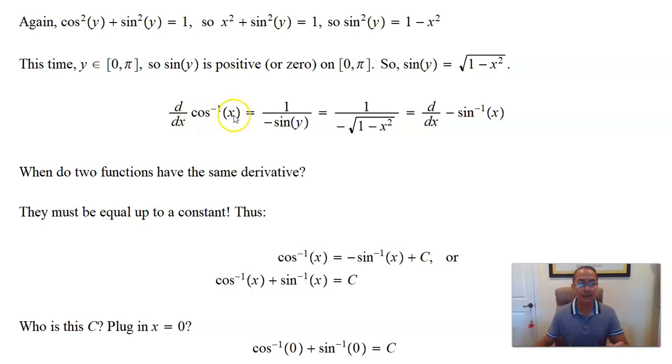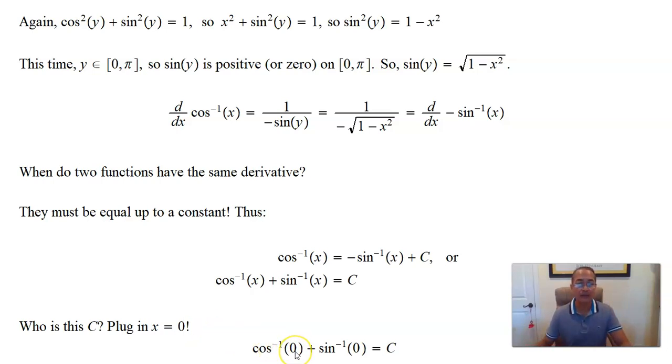So it means that arc cosine of x and negative arc sine of x must be different only by a constant, by a plus c. Okay? If we scoot this over to the left, it means that arc cosine x plus arc sine x must equal a constant. Okay? How do we find this constant? Plug in a number, like 0!